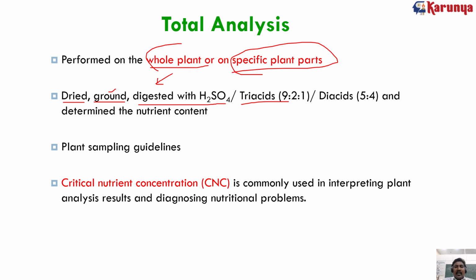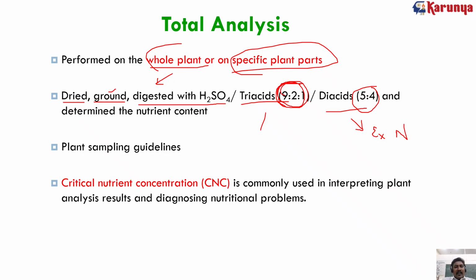sulfuric acid or triacid. Triacid is a triple acid extract in the ratio of 9:2:1, or else diacid. The diacid is employed for all the nutrients except nitrogen. But with triacid, you can analyze all kinds of nutrients.